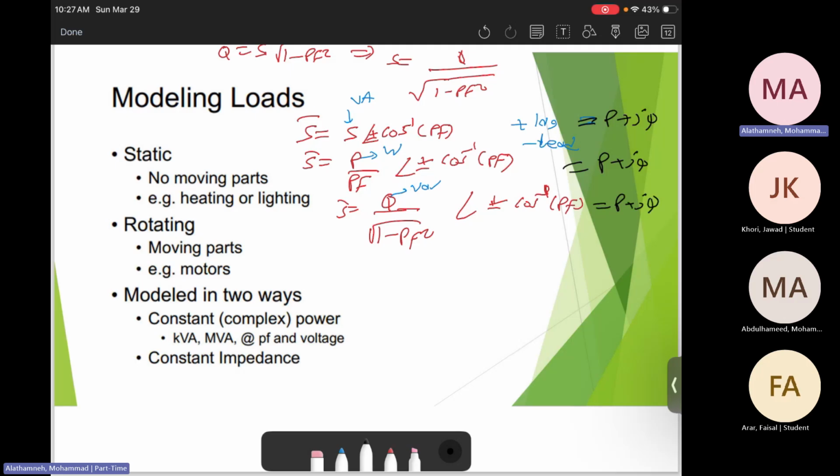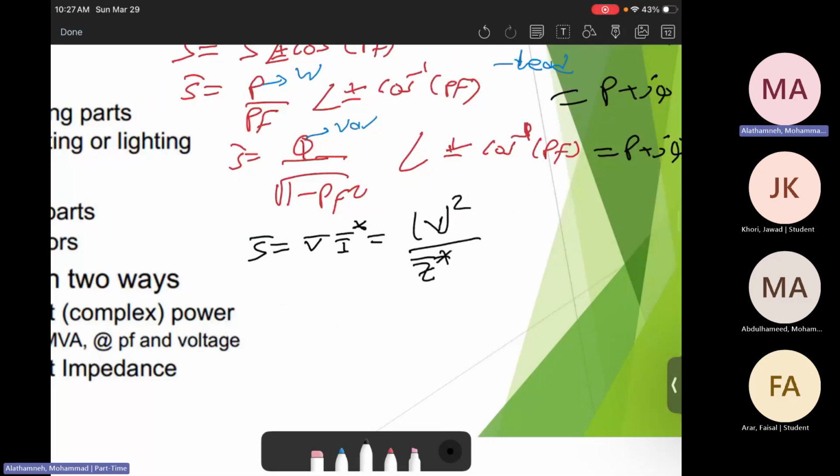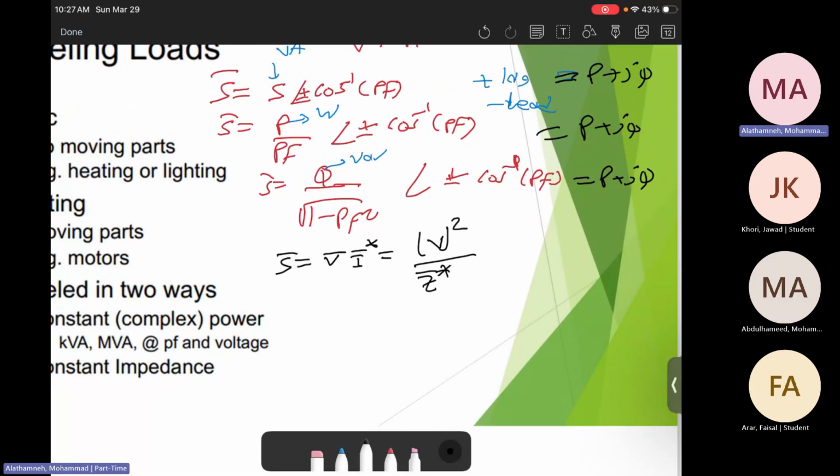This is a must. After calculating the complex power, convert it this way. Then, as we know, S bar equals V times I conjugate, or the magnitude of V squared divided by Z bar conjugate.